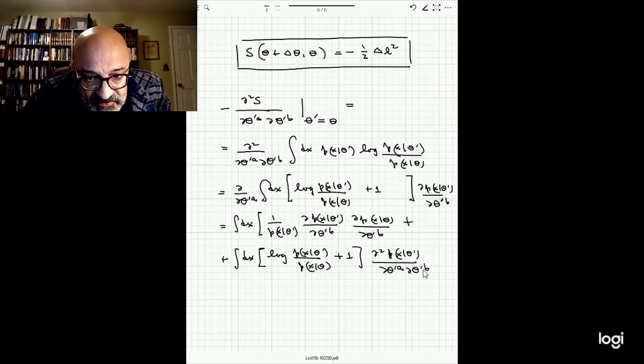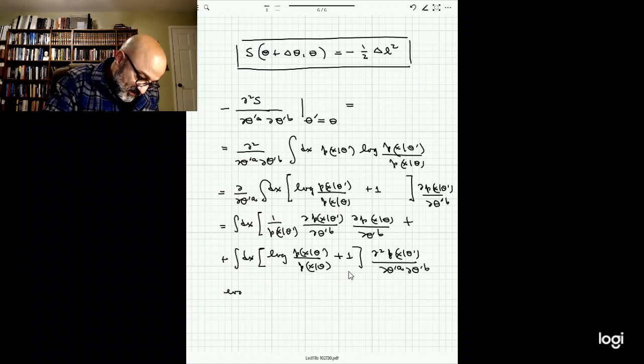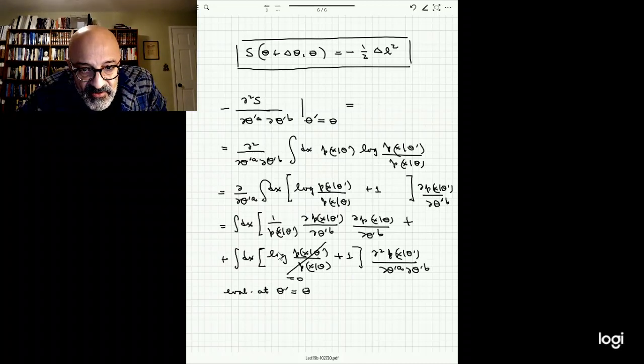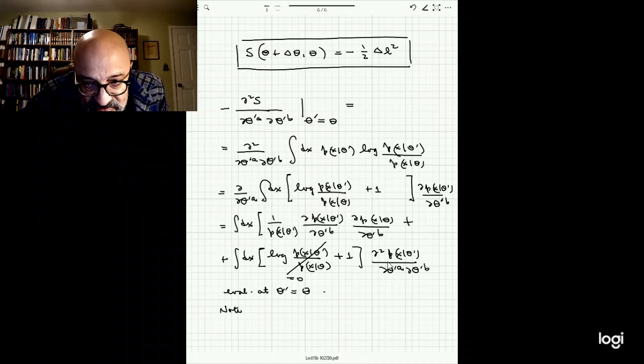When you look at the last term, this is going to be evaluated at theta prime equals theta. When you do that, this is equal to 0 because you get the log of 1. Then you have plus 1 and you get this second derivative. But now notice that if you take these second derivatives, the integration is over x.